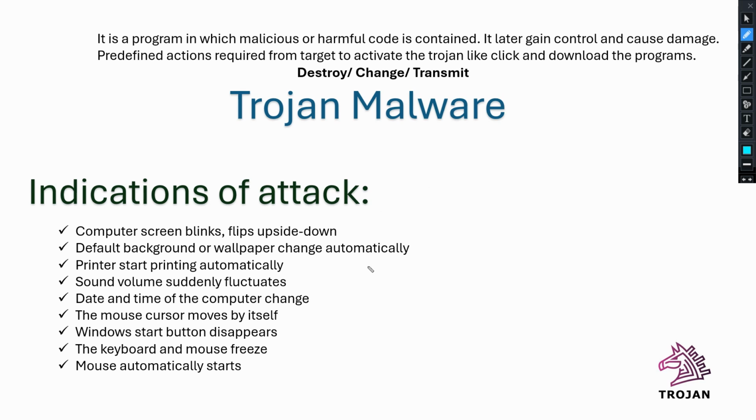The very first one is computer screen blinks and flip upside down. It means there is something wrong in your system. Then default background and wallpaper changed automatically. Printers start printing automatically and sound systems starts fluctuating.